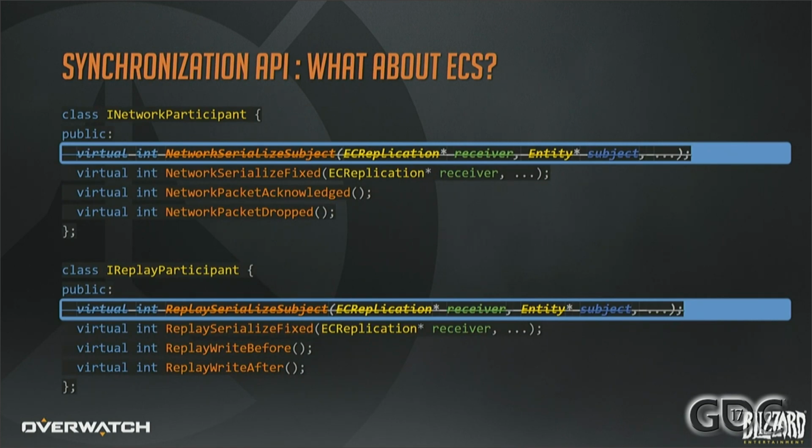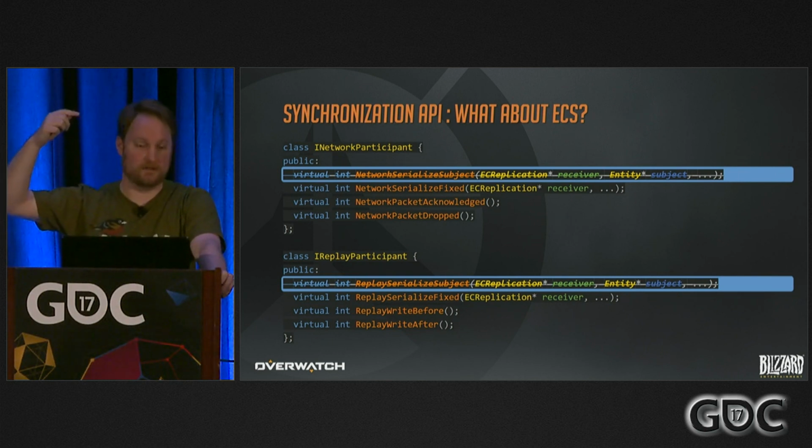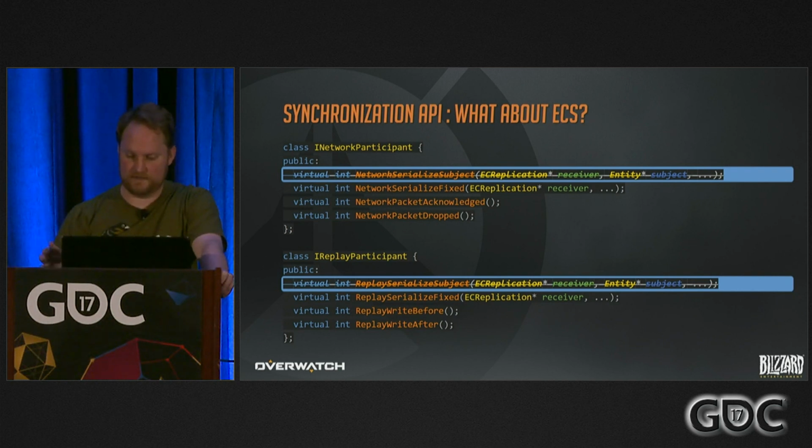Looking back at our participant APIs, observant viewers may be questioning why these systems aren't architected based on components rather than entities. In a proper ECS paradigm, one should only be iterating on components at any given point in time. Initially, our synchronization APIs were actually organized by component. As an example, the movement system would simply iterate over all the movers and serialize out whatever it needed. Unfortunately, that paradigm has a few implications associated with it.